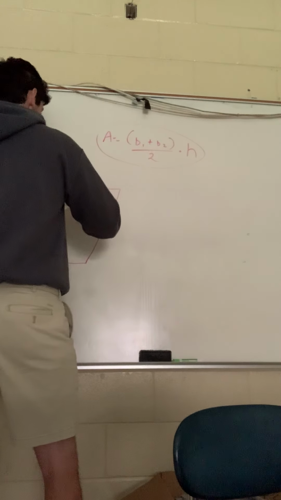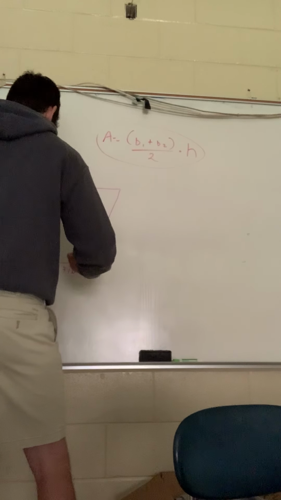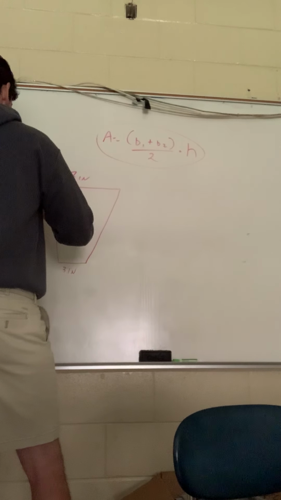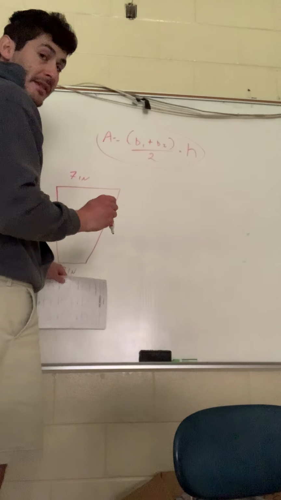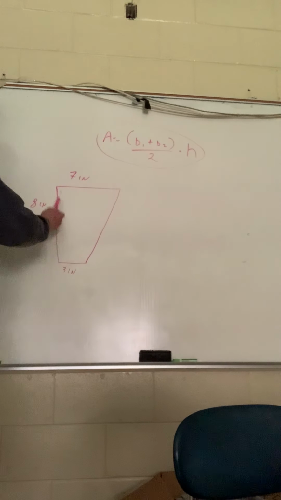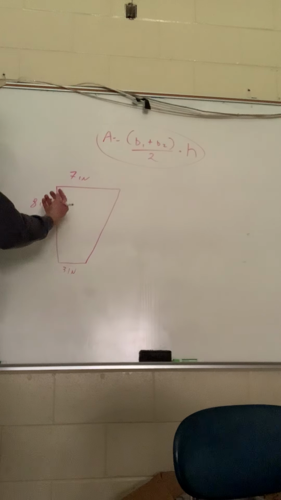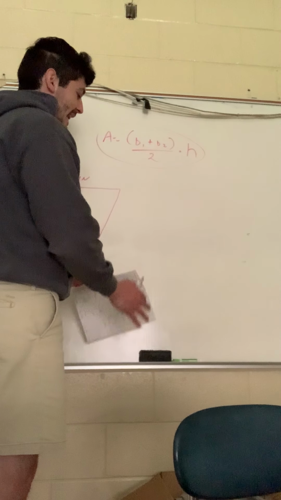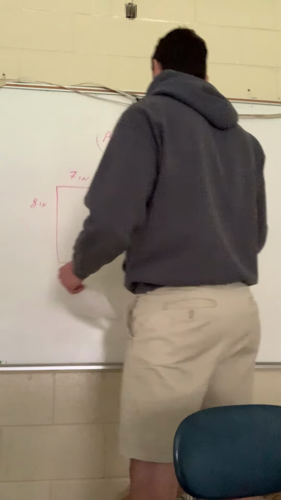So we have 7 inches here, 3 inches down here, and 8 inches here. Base 1, base 2, and the height. Now I can use this side as a height because it is not slanted, it is straight. Straight down, perpendicular. I can use it for my height. I don't need to trace any other line.